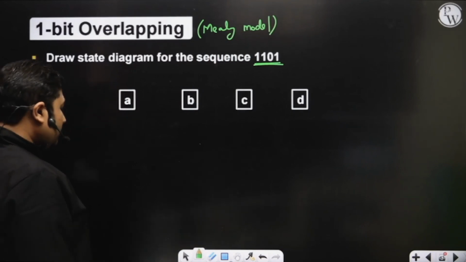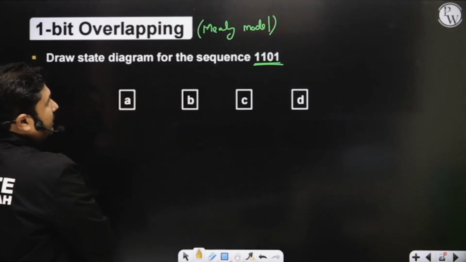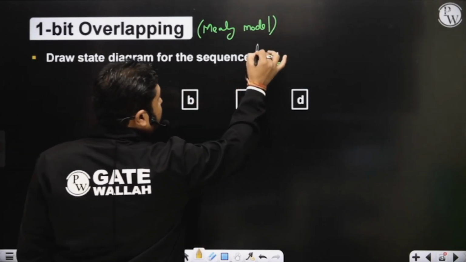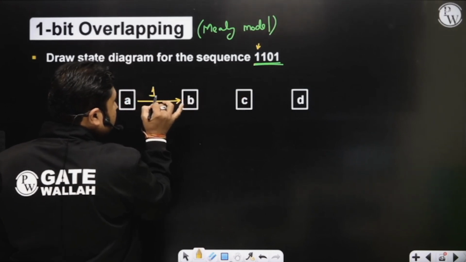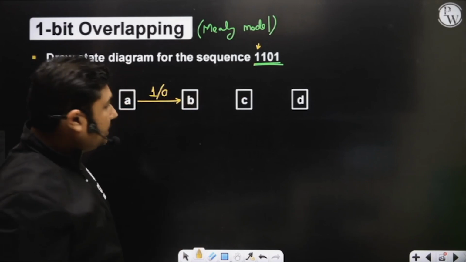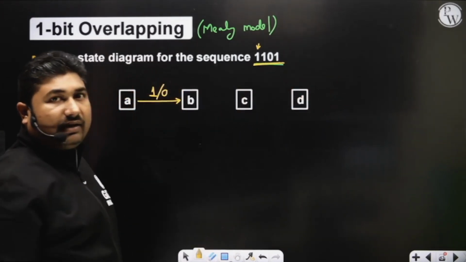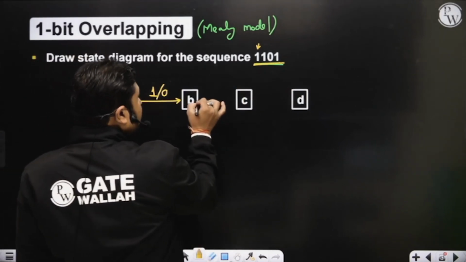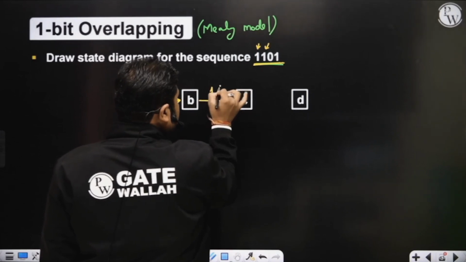Now please observe here. Present state is A. If input x is equal to 1, you will reach the next state. Output is 0 because the whole sequence is not yet detected. First take the sequence and draw up to the final state. If the state is B and input 1 appears, move to the next state.